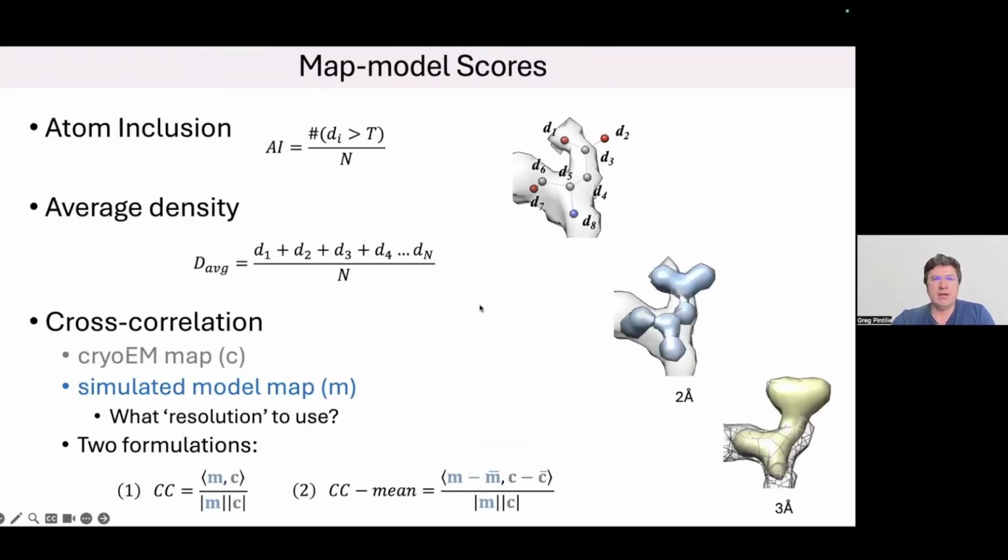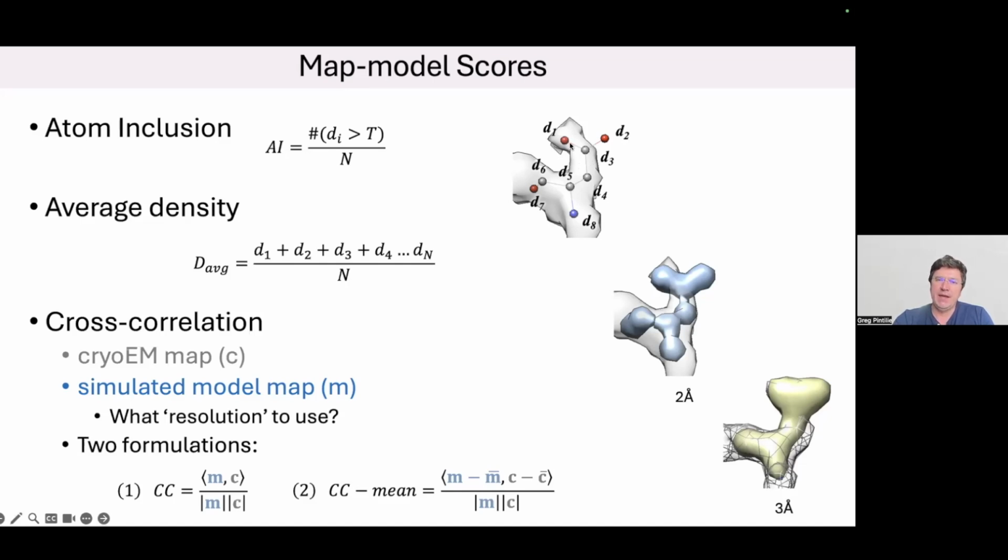First of all, a quick intro on map model scores. Actually in the EMDB validation report, you will see an atom inclusion score. With atom inclusion, it basically just looks at whether each atom is inside the density, inside the contour at a given map contour level. So it uses the recommended contour level for the map given by the depositor.